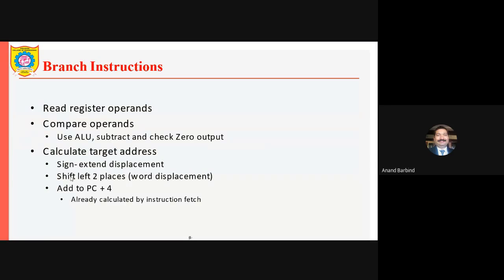So if a 2 times shift left operation is performed, then that number is multiplied by 4. So if you want to skip 2 instructions, this number is plus 2, and two times shift left would multiply that plus 2 by 4, so that will be plus 8.